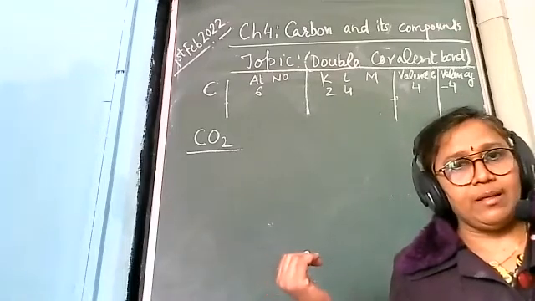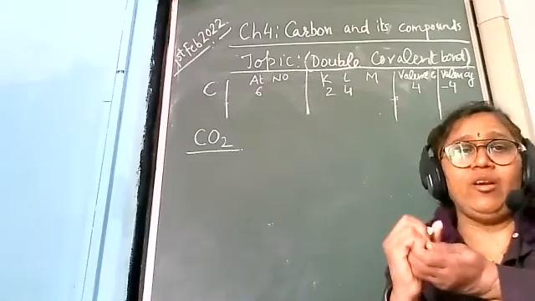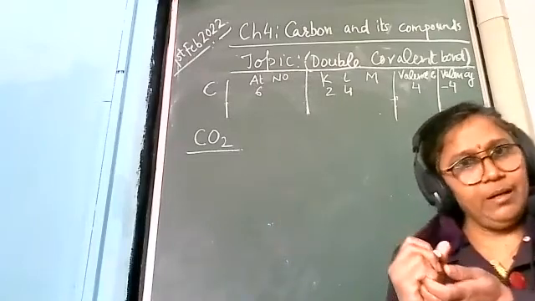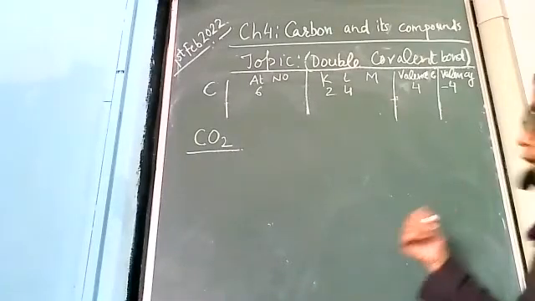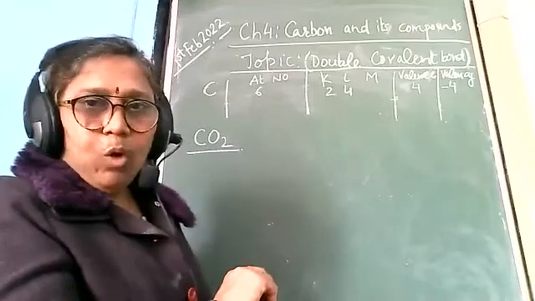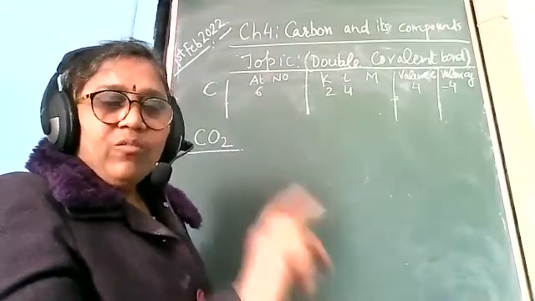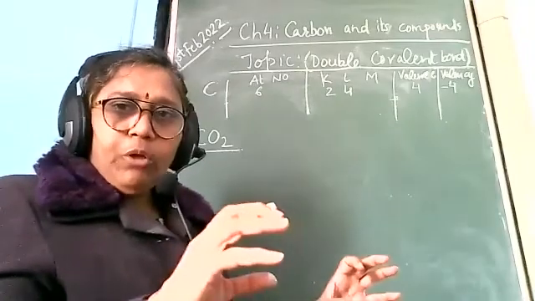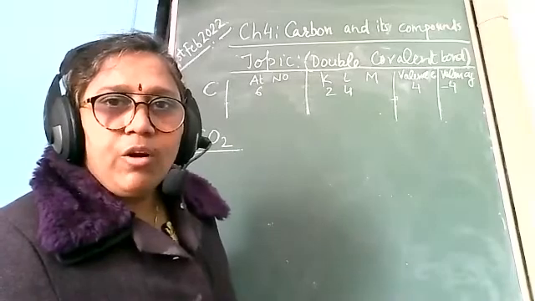What do covalent compounds do? They do the sharing of electrons, right? Clear? So we are going to discuss carbon dioxide. Before we start the carbon dioxide molecule formation, one tip of the day: whenever there is a bigger molecular formula, write an expanded structural formula.